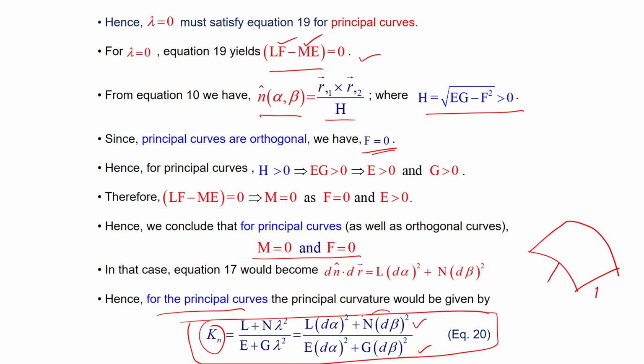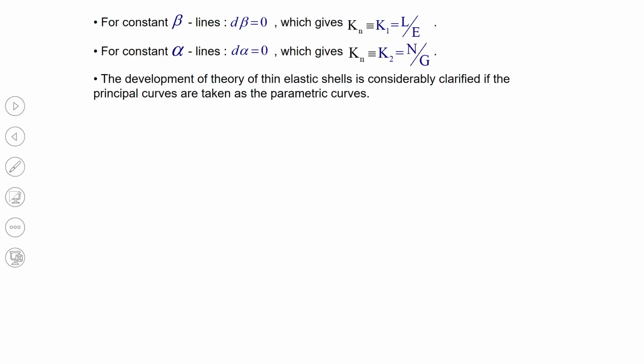If d beta is 0, K1 becomes L by E. For a constant alpha line, d alpha is 0 because there is no change in alpha, and that gives you N by G. So, through this assumption, where principal curves are orthogonal to each other, we get L by E and N by G.